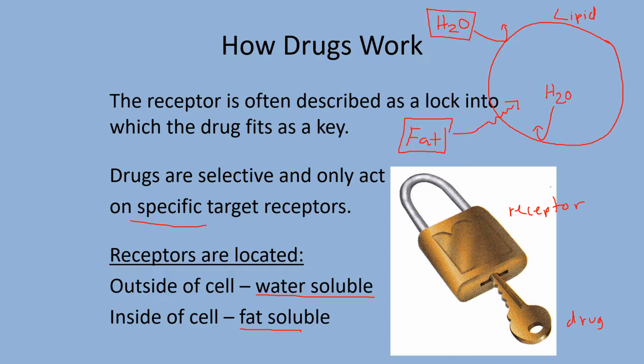So my receptors are going to be on the inside of the cell. So that's the main difference. Outside: water-soluble, aka protein-based drugs, protein-based hormones. On the inside: fat-based or cholesterol-based. All your steroid hormones, they are fat-based.